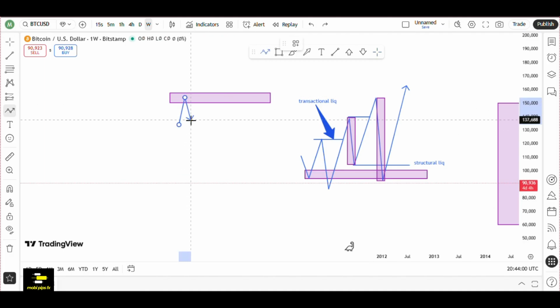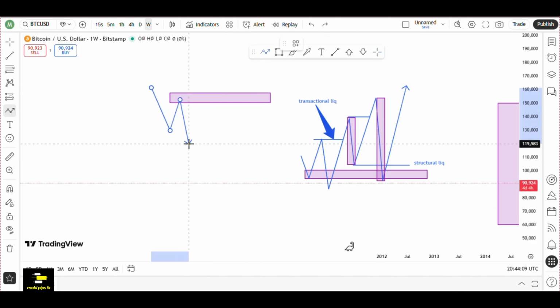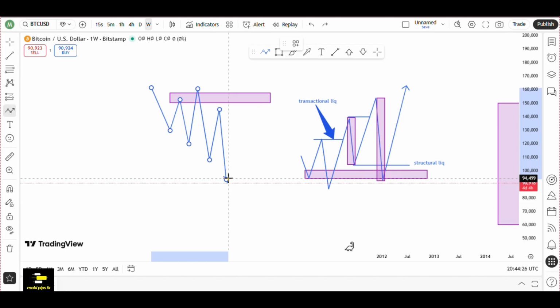So price takes away this zone, right? Sweeps the zone, break, transactional liquidity takes place, reversal or correction, right? Another transactional liquidity. Then structural liquidity is taken out before the actual move.